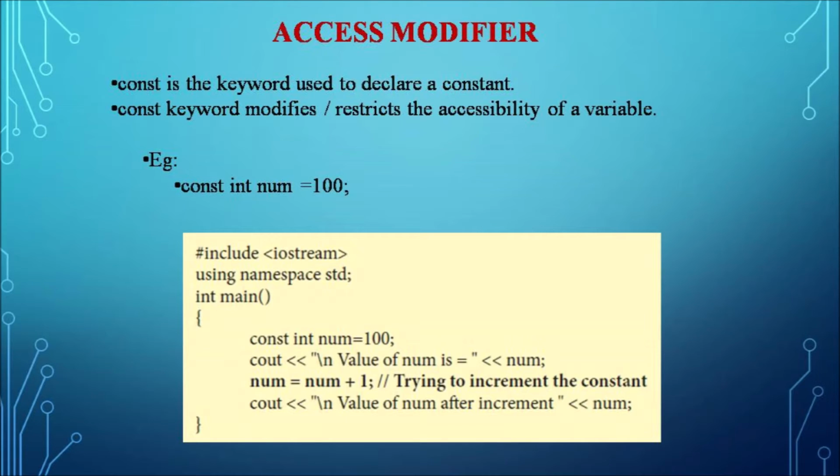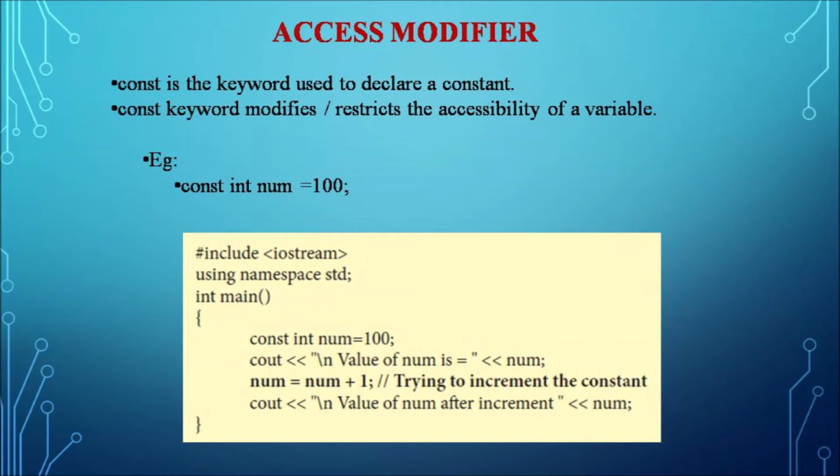For example, for this they have used the const keyword, the constant keyword. Const is a keyword used to declare a constant. The const keyword will restrict the accessibility permission for any declared variable.